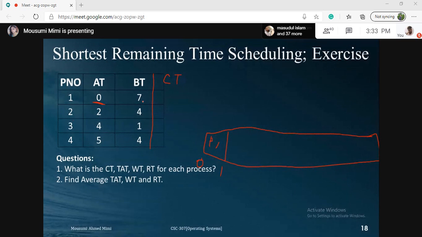Now check the burst time. Total burst time is 7. Within 1 second, has any process come, guys? No. Within 1 second, no new process has come.